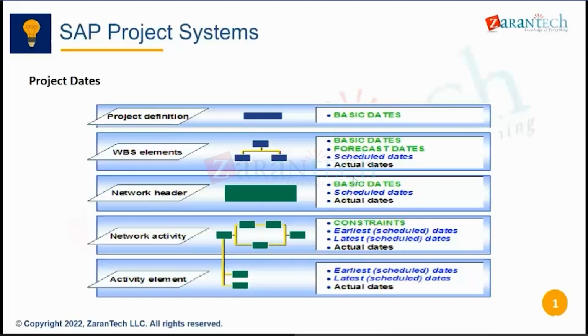We don't do it at the WBS level or network header level. We don't enter the actual dates there. But the system calculates from these actual dates which we have entered. It will roll up, summarize these dates to the WBS also and to the project definition also.